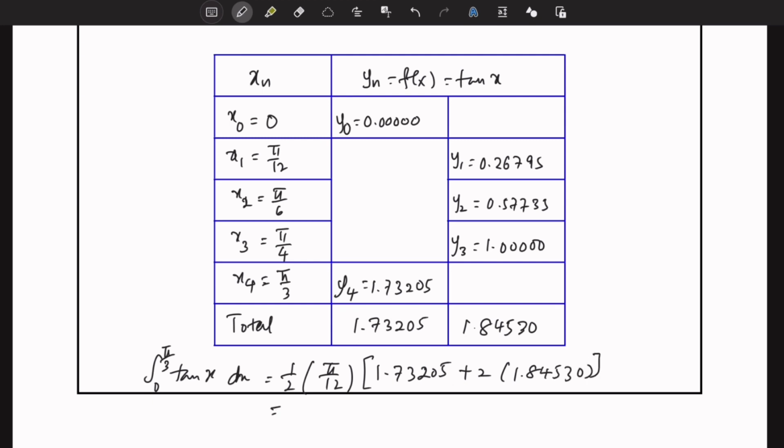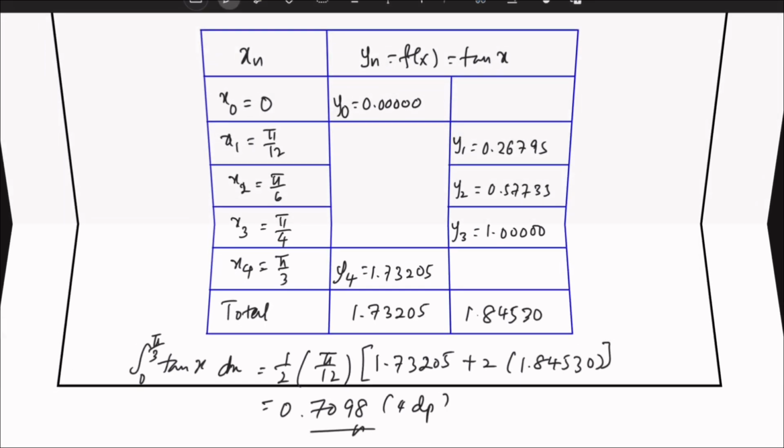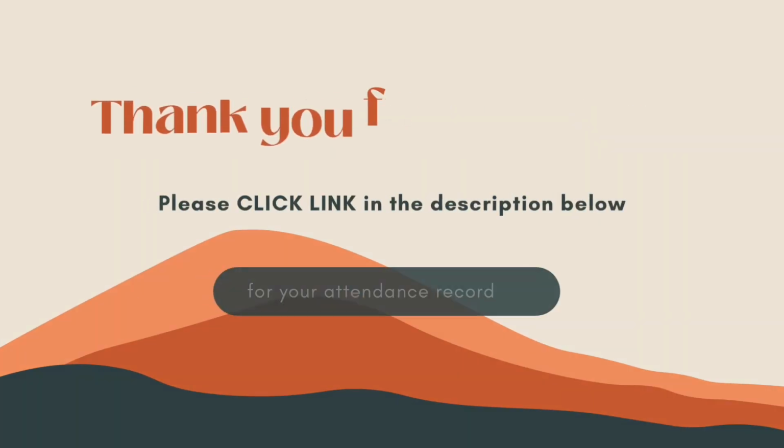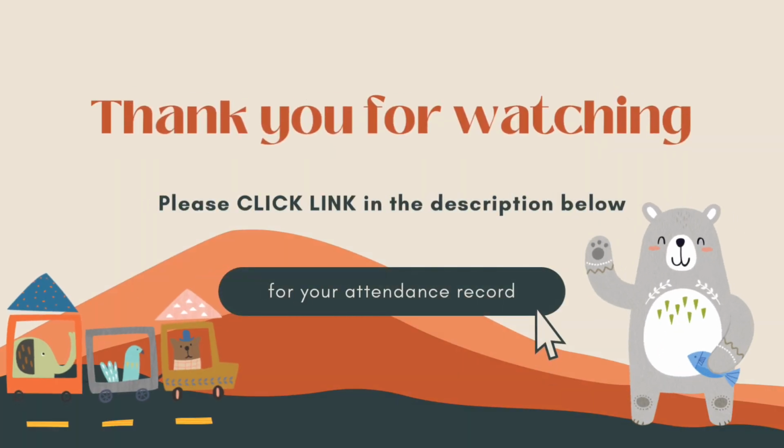So the answer will be 0.7098, that is to 4 decimal places. Done. So that is the end of the chapter.